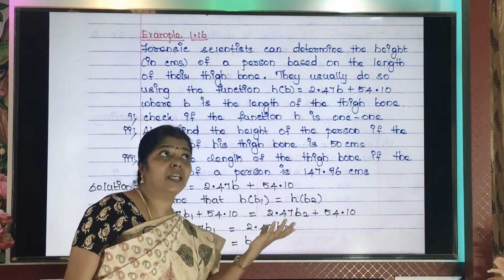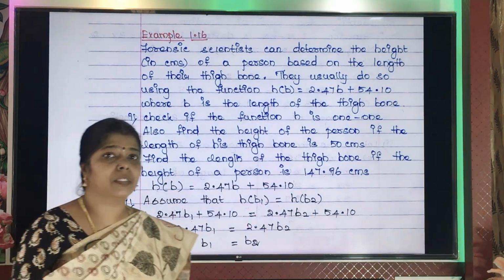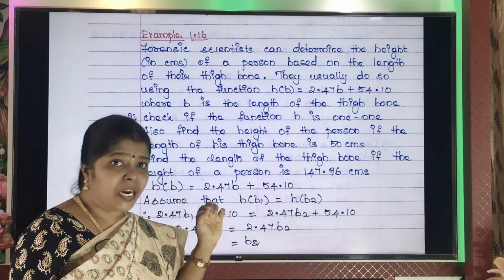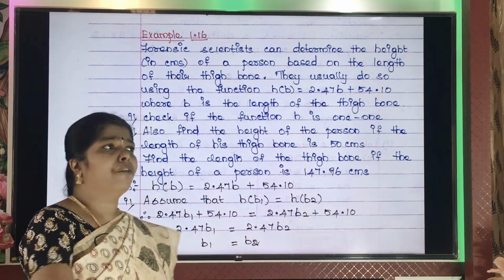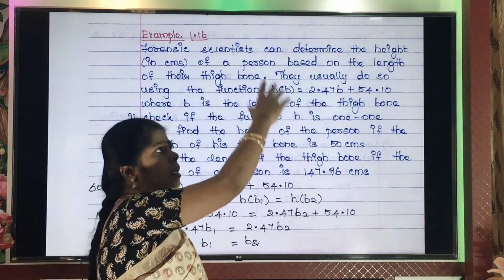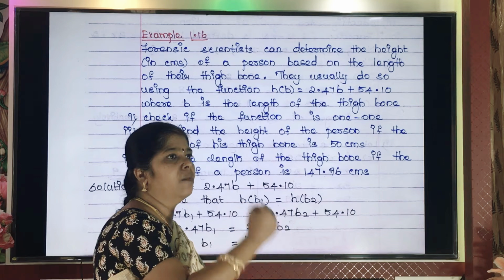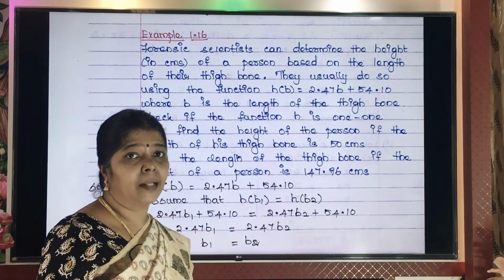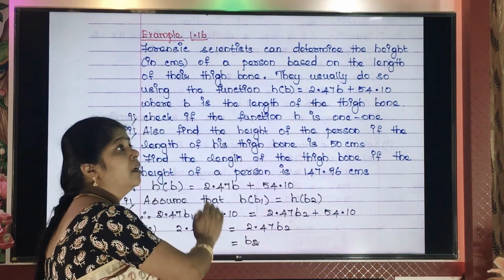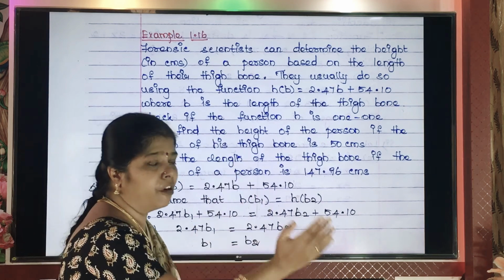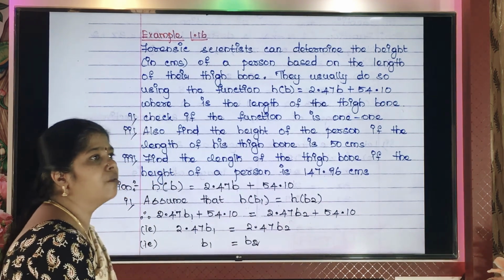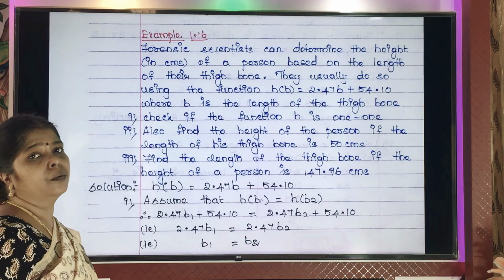Children, when we have seen the definition of 1 to 1 function, we have learnt that if a function has to be 1 to 1, for all elements in set A, you can take A1, A2, A3, whatever it is. F of A1 when it is equal to F of A2, it implies A1 should be equal to A2.